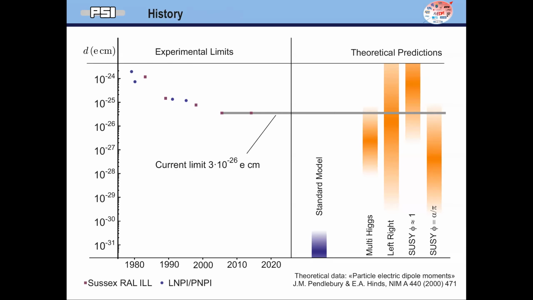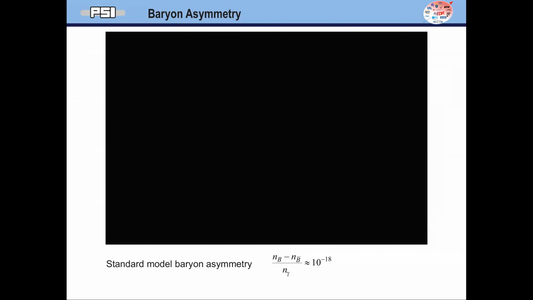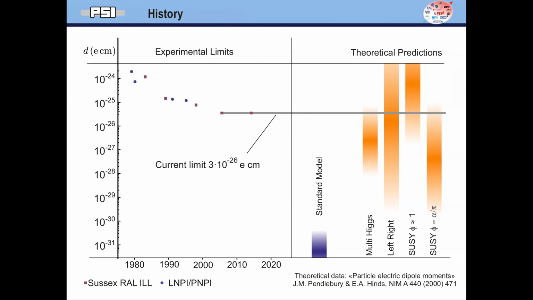Okay, it's clear that we have to find a theory that can predict why we actually have matter in the universe. Of course, many theorists are working on that, and here's a selection of such theories. Of course, the question is how to test such theories.